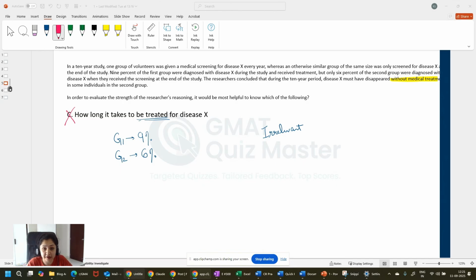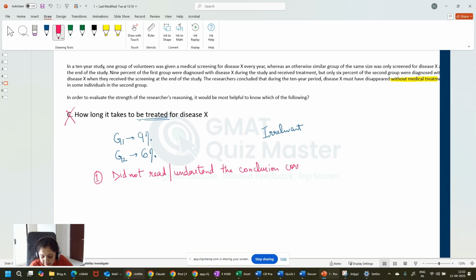Now, if you selected choice C, why did you do that? Most likely, the reason has to be one of these two. The first reason can be that you did not read or understand the conclusion correctly, because the conclusion already states that the disease would have disappeared without medical treatment.